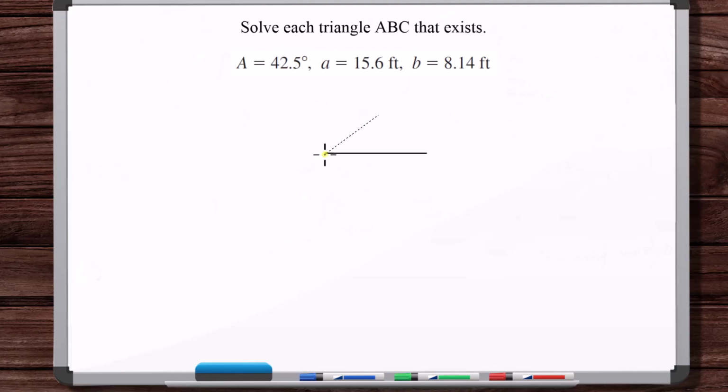This is the angle A that we know, and this is the adjacent side length B. And now the side length opposite of this can be anything, and the side length opposite of this is going to be about almost twice the length of this.